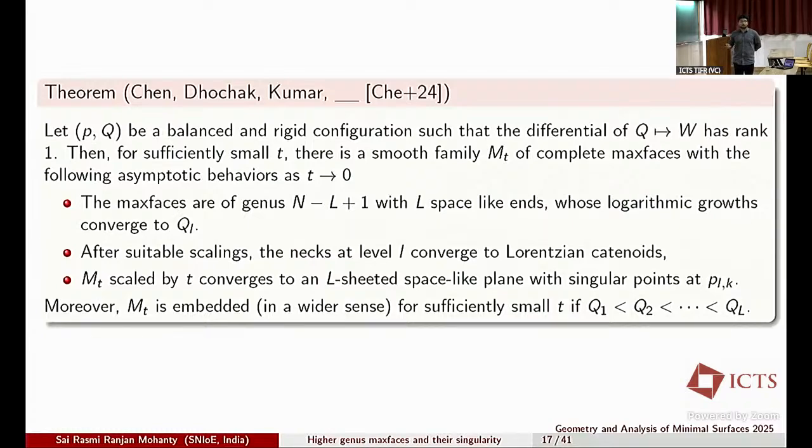So when t tends to 0, dh_t converges to 1 over z dz, and G_t converges to z, and this is the Weierstrass data for the catenoid. That's why when t tends to 0, the neck part of this surface converges to a Lorentzian catenoid, only at that part, not the whole surface. Okay, yeah, thank you.